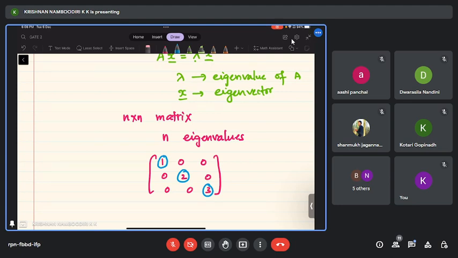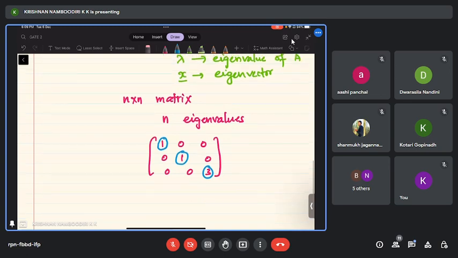There are 3 eigenvalues for this 3 by 3 matrix. Suppose the second entry, instead of 2, was 1. Then again there are 3 eigenvalues, but note that the eigenvalue 1 is repeated 2 times. But the total number of eigenvalues is nothing but 3 itself.